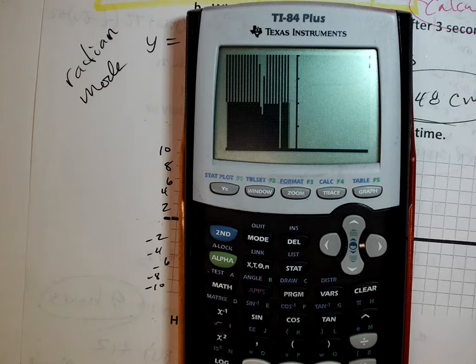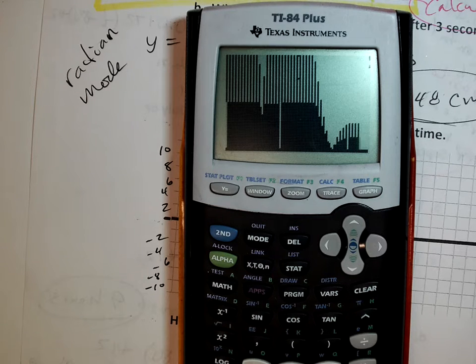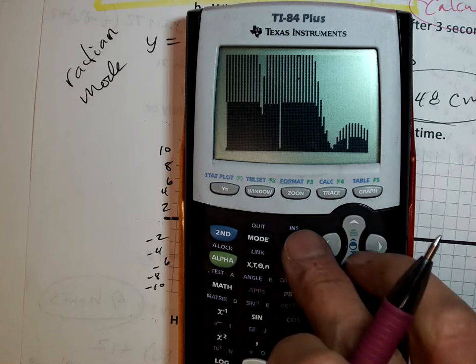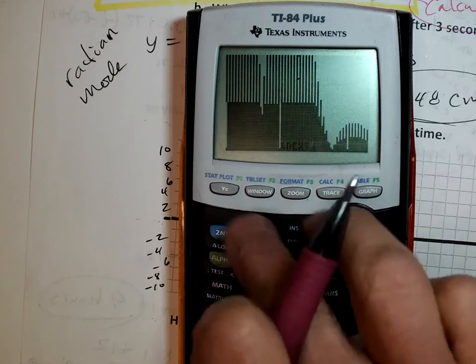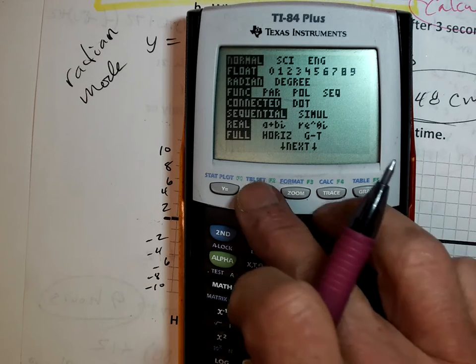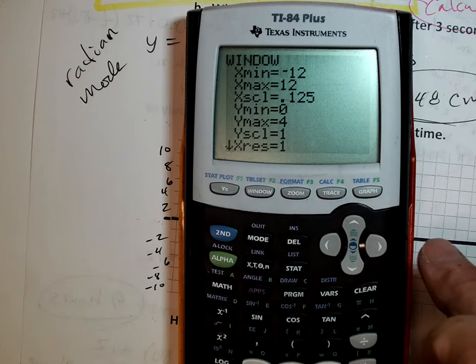Oh my goodness. Why did that happen? Something's terribly wrong. So the first thing I'm going to check is my mode, right? I'm in radian mode. Let's check my window. Maybe this is the answer.